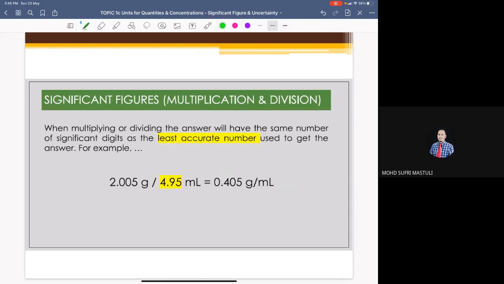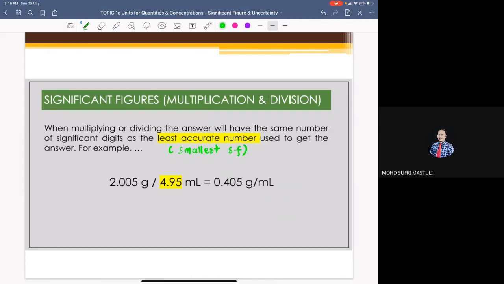When multiplying or dividing, the answer will have the same number of significant digits as the less accurate number used to get the answer. Less accurate number means the one with the smallest number of significant figures.